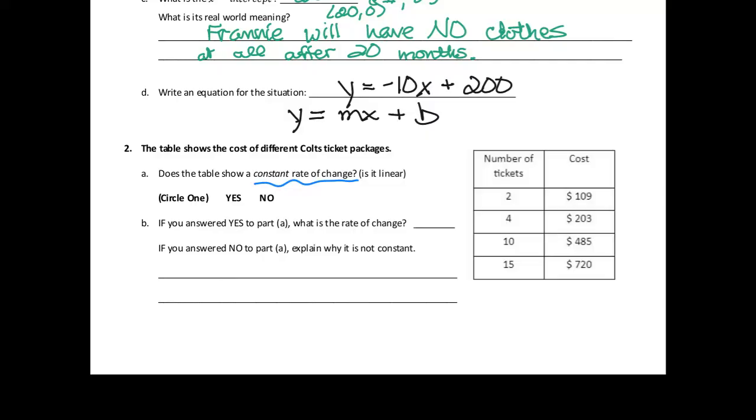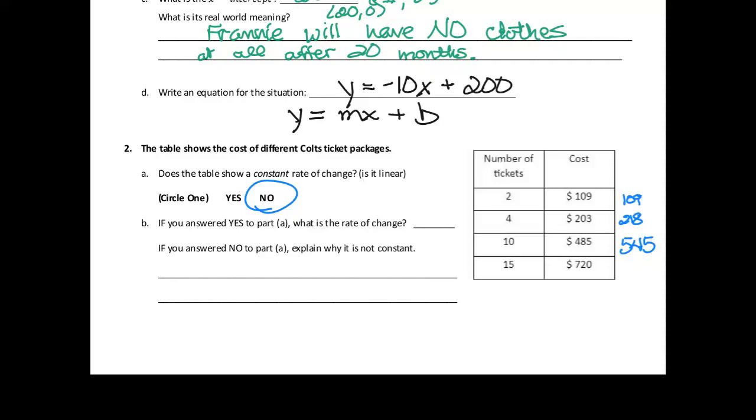So if it was linear, it would be 109, 218, and for 10, you would think it would be 5 times that, 109 times 5, which would be 545. So just looking at a couple of them, I think we can definitely say no.